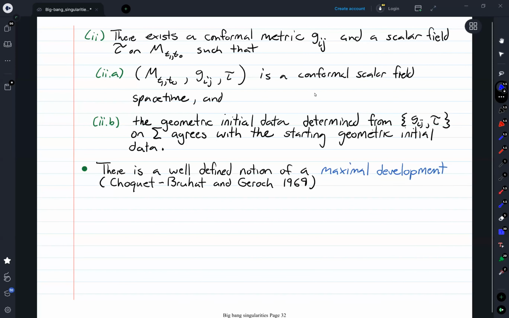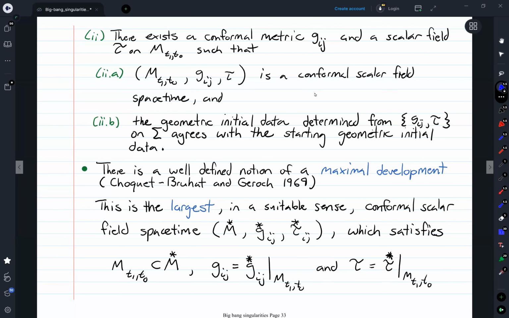I won't talk about it because there are some technicalities to it, but you just think about it's the biggest space-time that can be generated in a reasonable sense from your initial data, okay? And so given some initial data, you will think that it generates some maximal space-time, and that's the thing we're going to be interested in. What is the maximal space-time that's generated from our given geometric initial data?